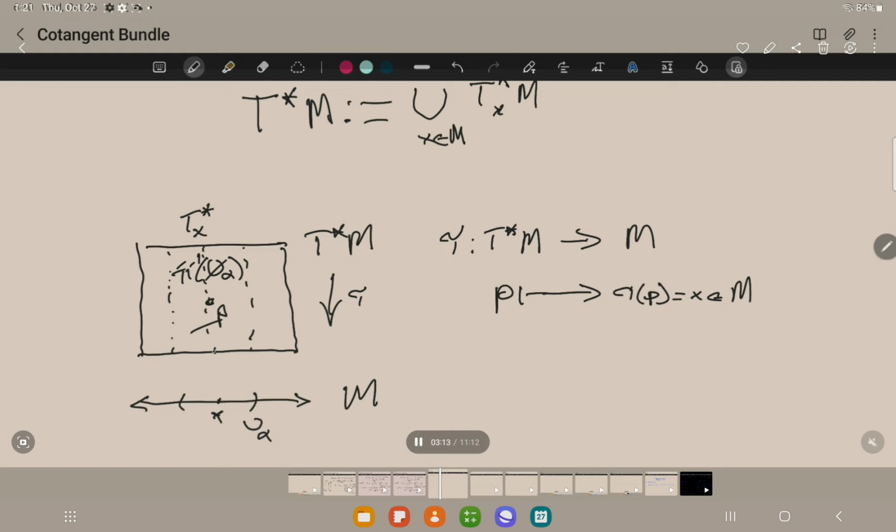And then that straight line containing P would be the cotangent space at the point X.